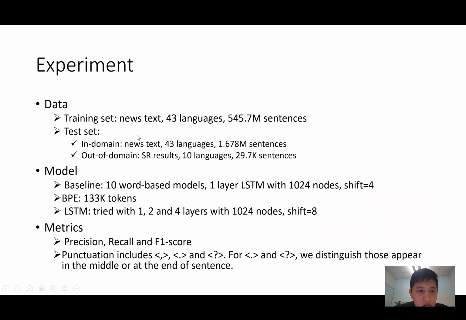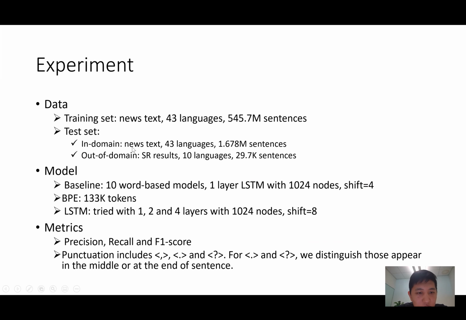In our experiment, our training set contains 43 languages of news text. The data size is more than 500 million sentences. Our test set contains two parts: the in-domain test set and the out-of-domain test set.